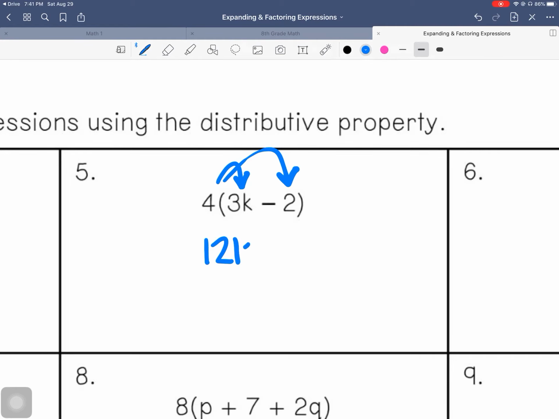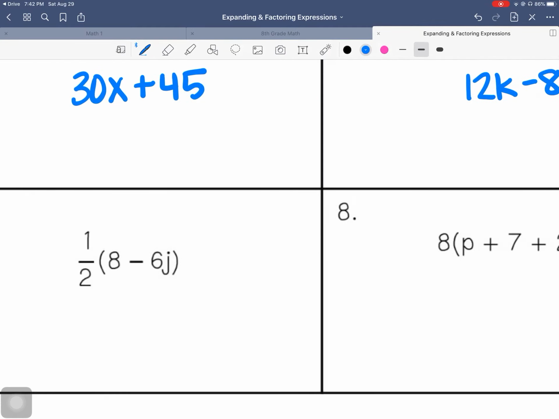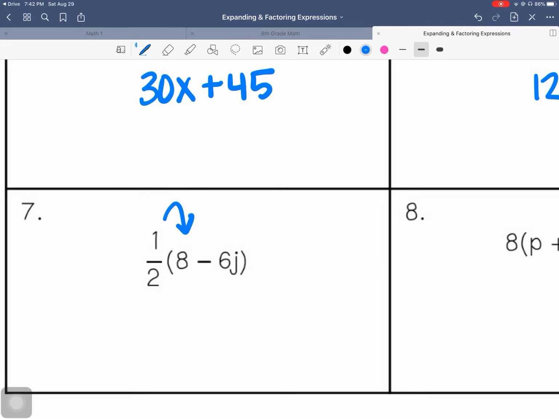Four times 3k is 12k minus 8. 1.5 times 6t is 9t plus 3. 1/2 times 8 is 4 minus 3j.